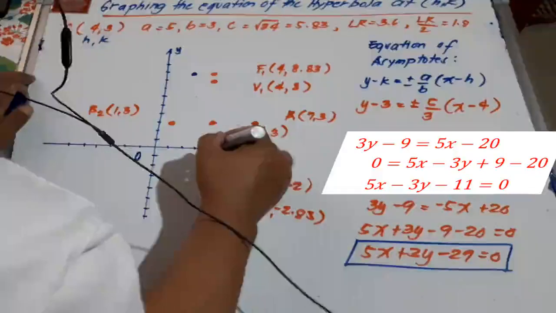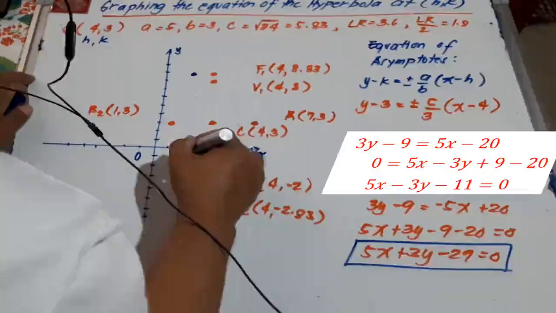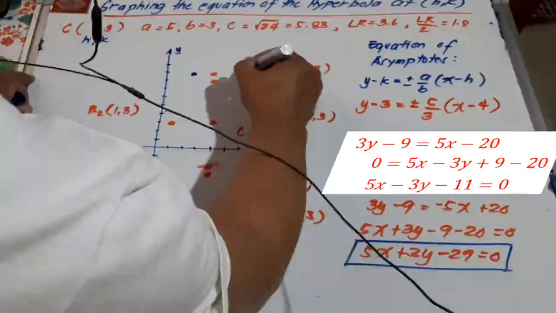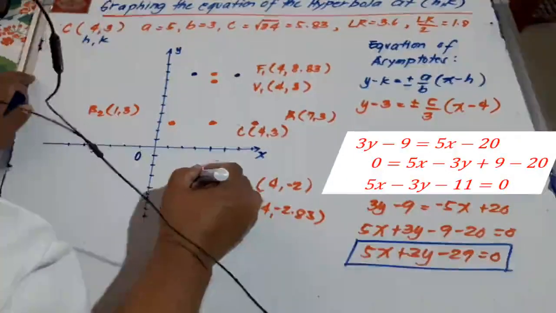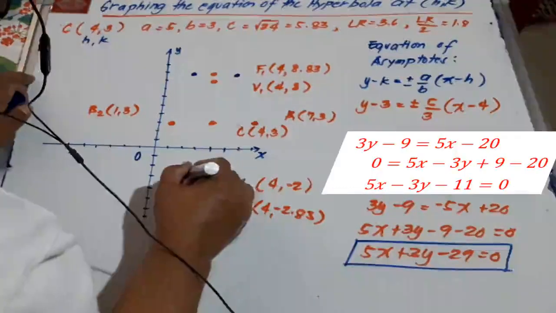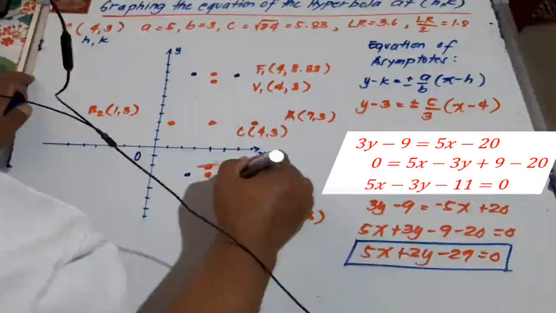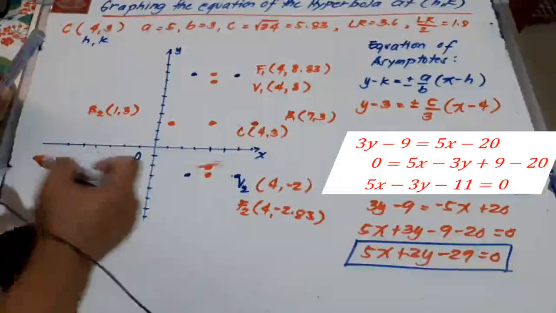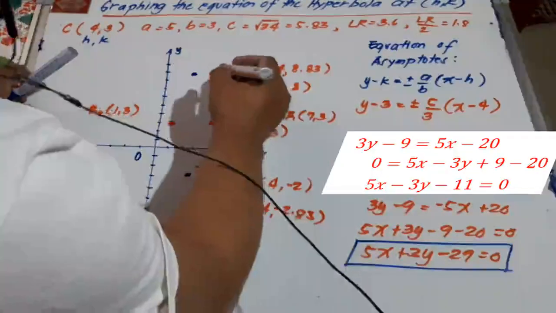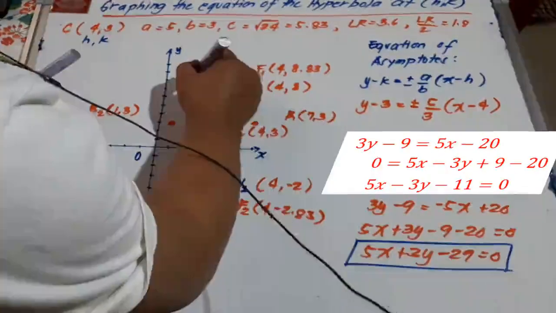And then, 1.8 dito. 1, and then 0.8. So, somewhere here. So, dito rin, foci ito. So, somewhere here. Then, somewhere here. Okay. So, sketch ko muna itong ating graph, dikitin ko.